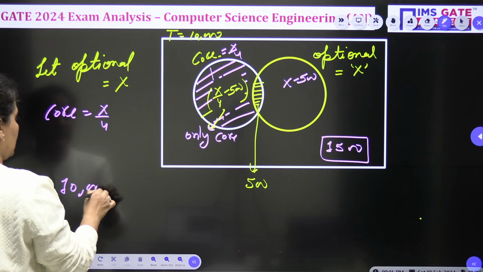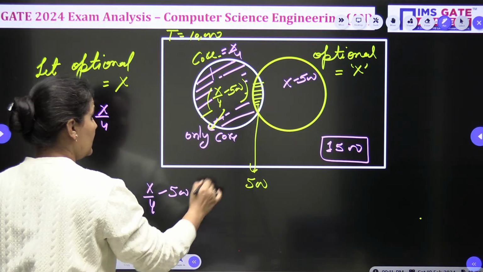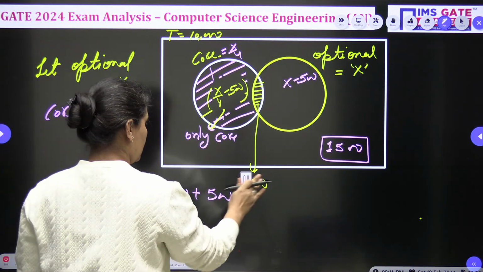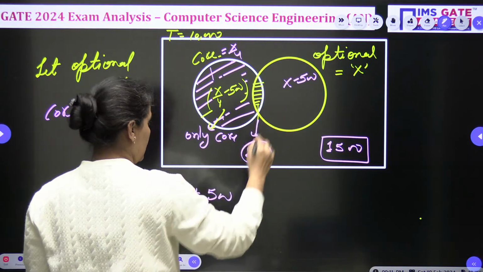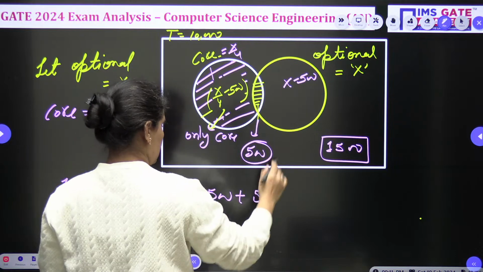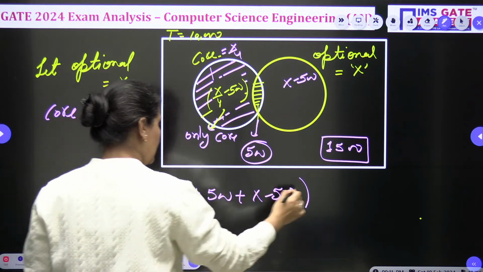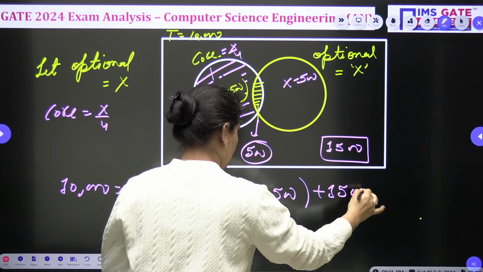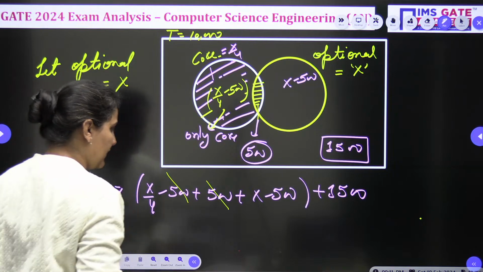The total 10,000 equals X by 4 minus 500, plus 500, plus X minus 500, plus 1500. I can see plus 500 minus 500 gone.